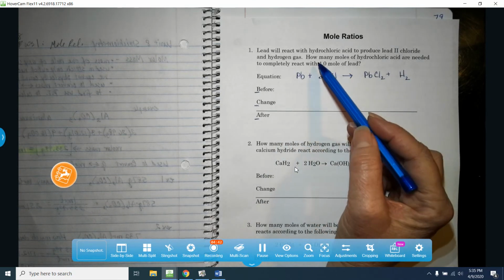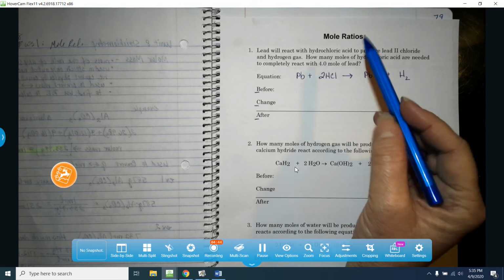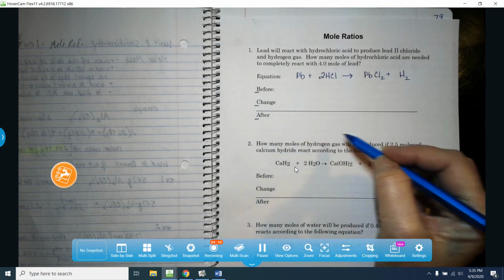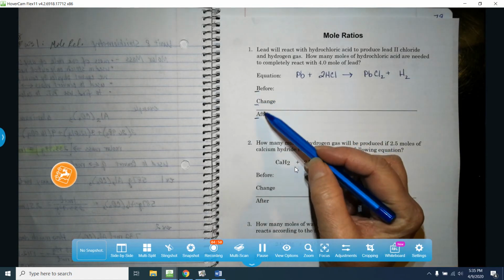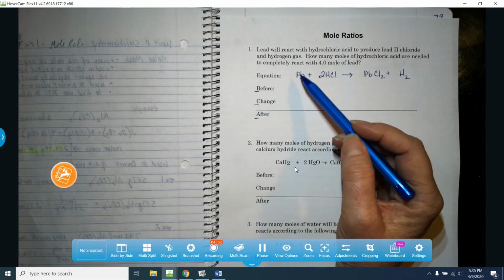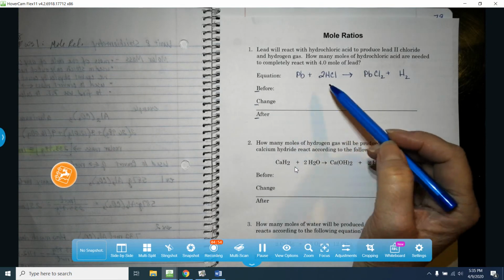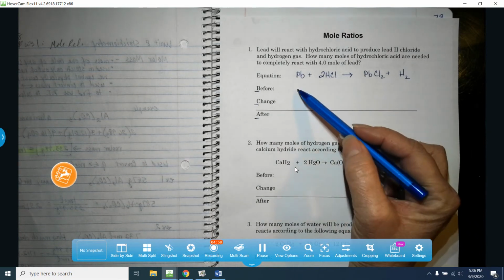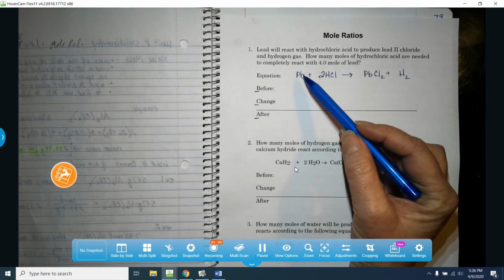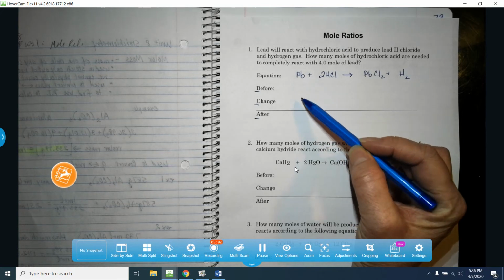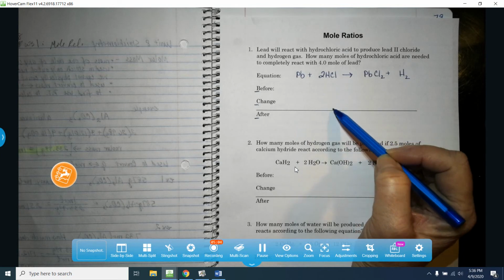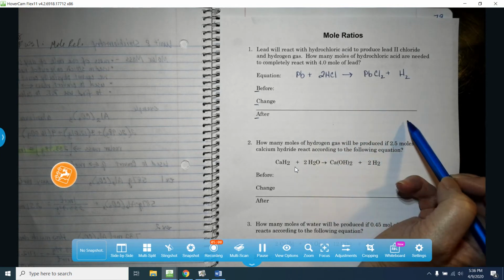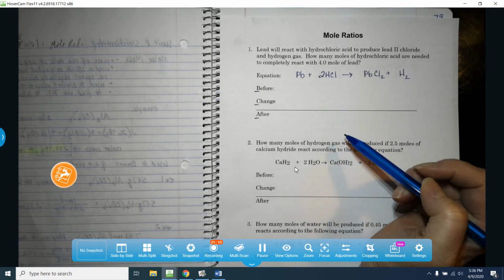Now I'm going to look at the actual question and see what is given, and I'm going to fill in the chart. So the BCA chart is a way of keeping track of each part of your equation, and you're going to write your amounts right underneath. Okay, so you're going to line them up. You're going to have columns of numbers right underneath each part of the equation, each of the substances.